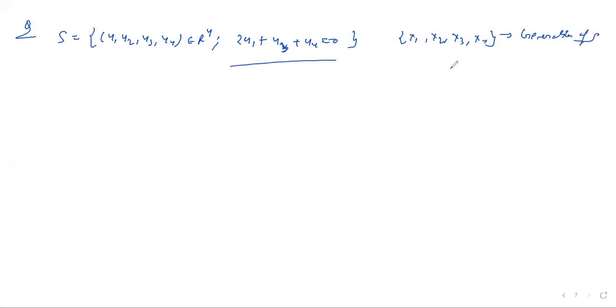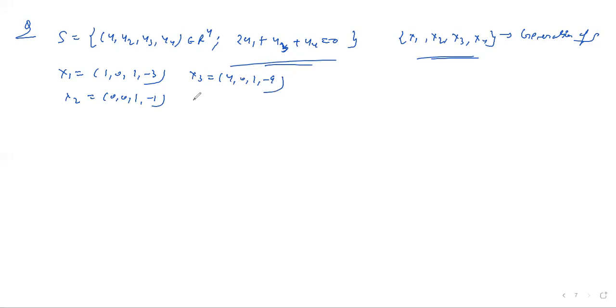The corresponding vectors are x1 as (1, 0, 1, -3), x2 as (0, 0, 1, -1), x3 as (4, 0, 1, -9), x4 as (0, 1, 0, 0).